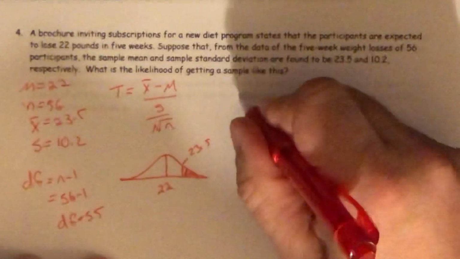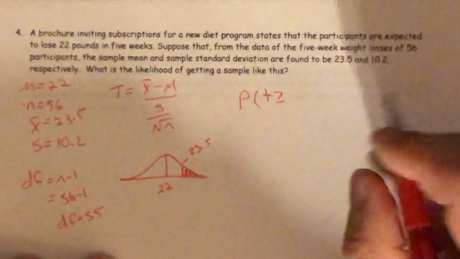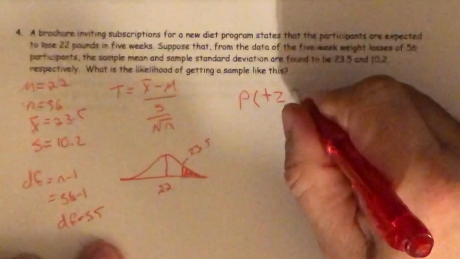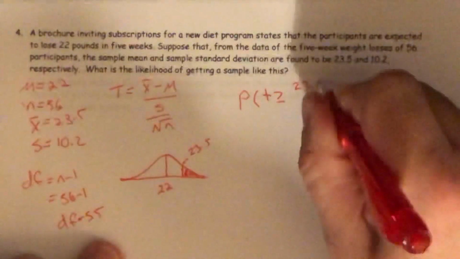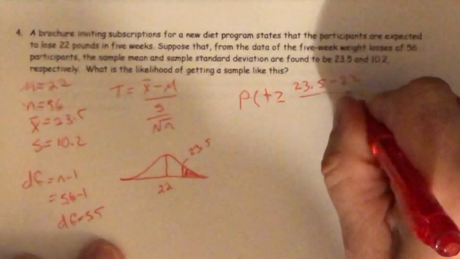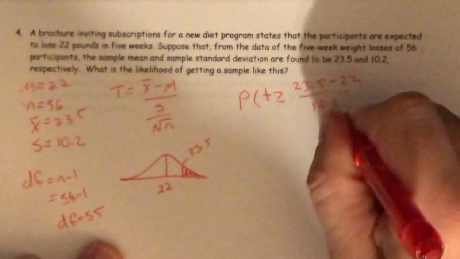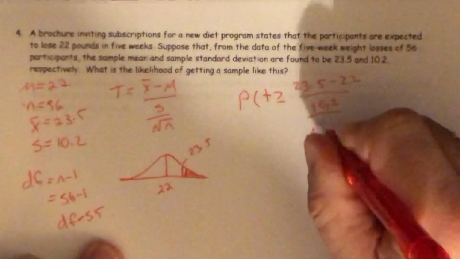So we're looking for the probability that t is greater than or equal to 23.5 minus 22 over 10.2 divided by the square root of the sample size.